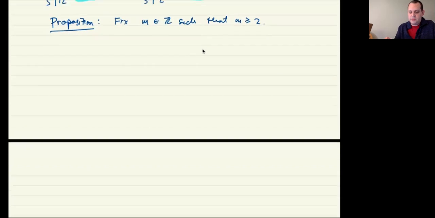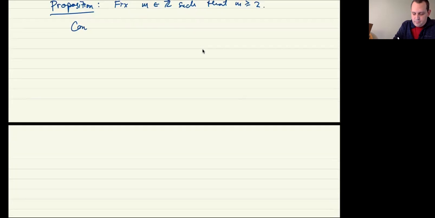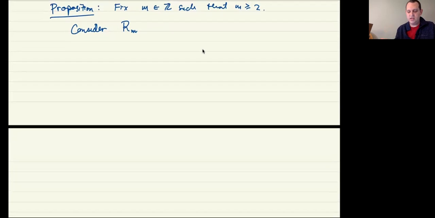And what I want to do is consider the following relation. I'm going to call this R. Some people like to put a subscript m just to emphasize that this changes based on what the value of m is. I guess I'm just going to call it R. But R is going to be defined as a relation on pairs of integers.